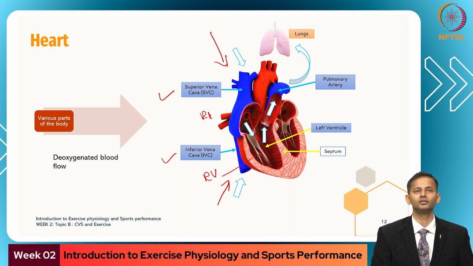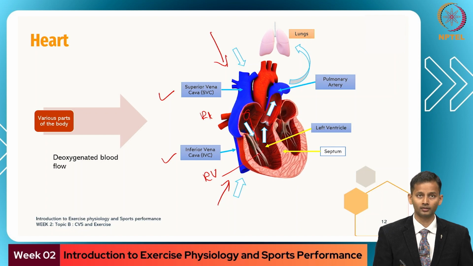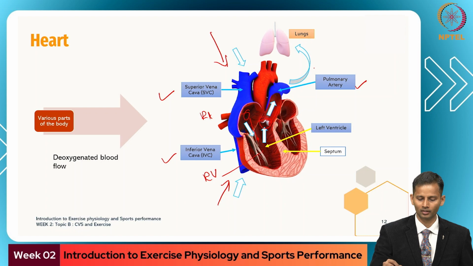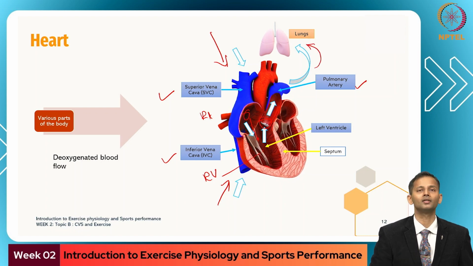right ventricle. From the right ventricle, when the heart contracts, if you notice the animation, it pushes the blood; see the pulmonary valve opening, through that it enters into the pulmonary artery, and from the pulmonary artery it is sent to the lungs.